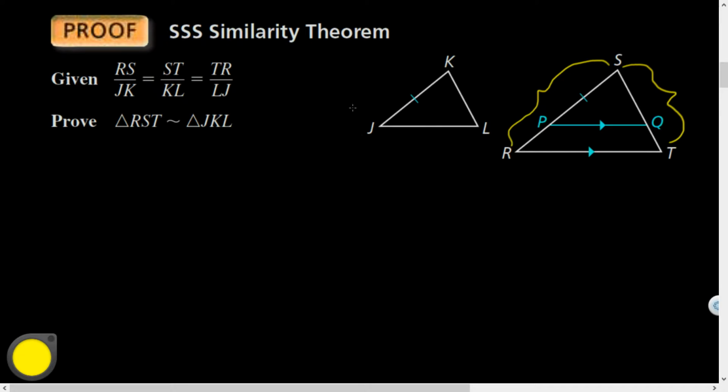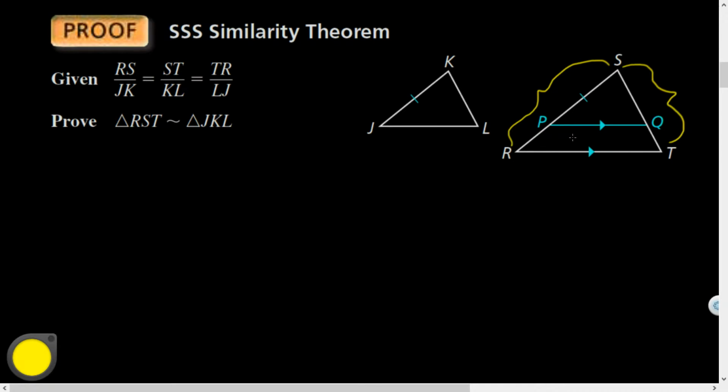So it looks like this little side triangle is similar to the big triangle, is what we're assuming. But I can't assume that yet because I'm trying to prove that similarity theorem.